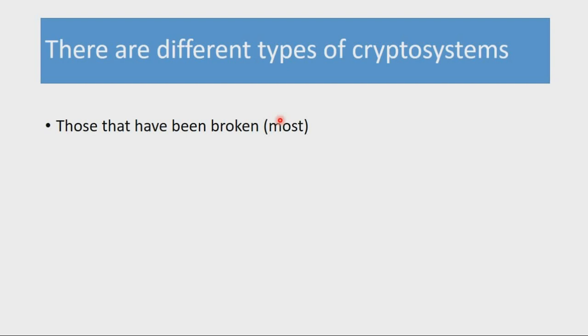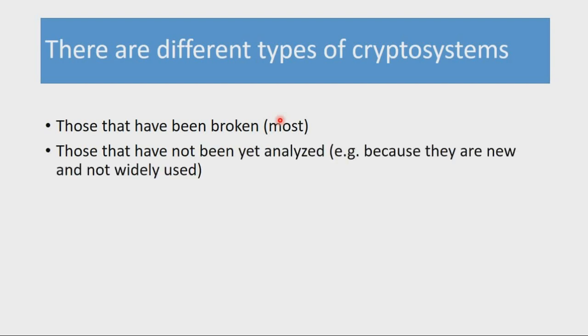In the past, people even used ciphers where they could just wrap text around cylinders to encrypt it, and those are obviously cryptosystems that have been broken. And there are other cryptosystems, like RC4, which are no longer in wide usage because people have found easy ways to decrypt those messages or to perform cryptanalysis. With modern day computers, it is very easy to break those ciphers, so they are no longer secure and they fall under this category.